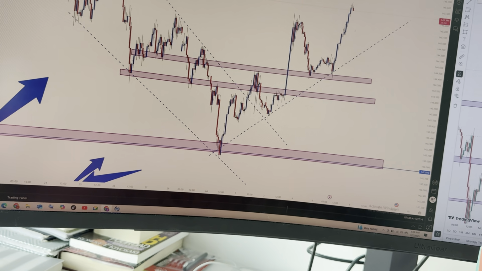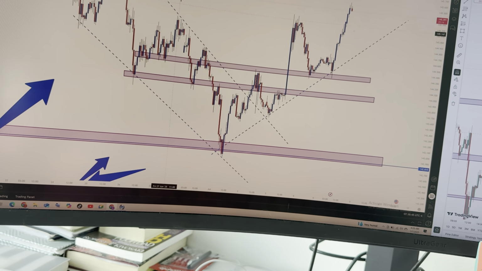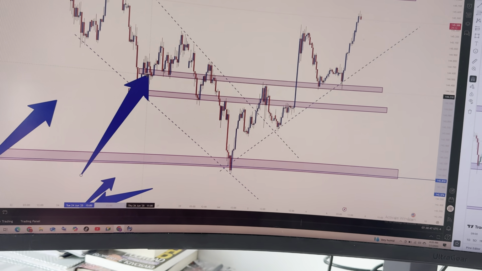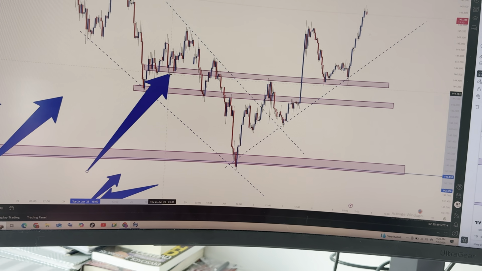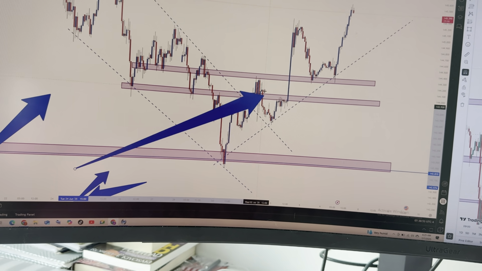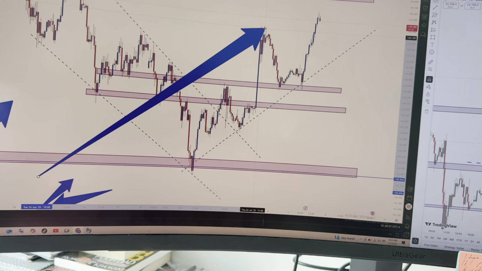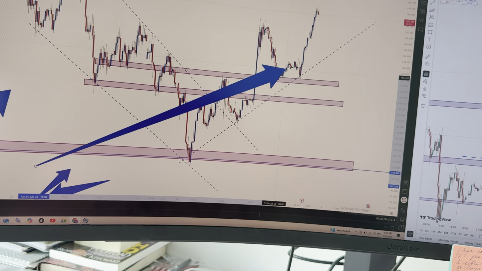Over here, the market was being rejected. When the market could come here, was getting rejected. So when the market went below, came back at the same area here, got rejected, went to the downside. So when the market went above, it came here, it got rejected, went up, came back.